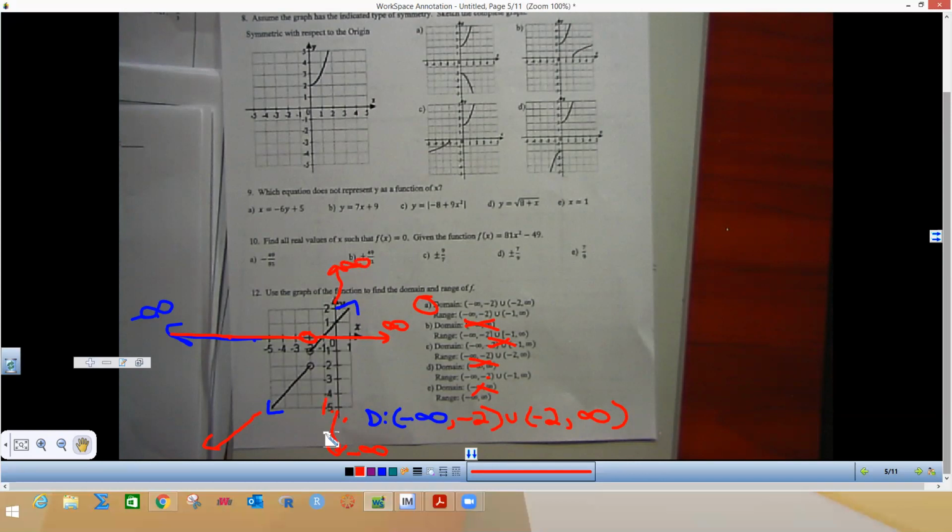So all the y values coming up here are working, and then I get here and it doesn't work there. There's no dots anywhere from there to there, so from -2 to -1, nothing works.